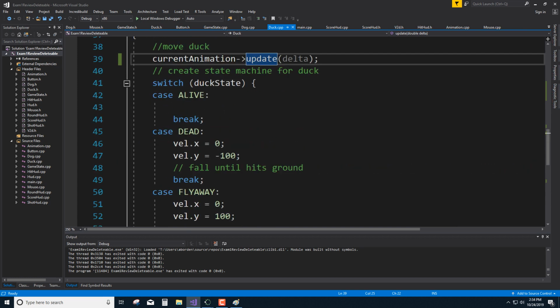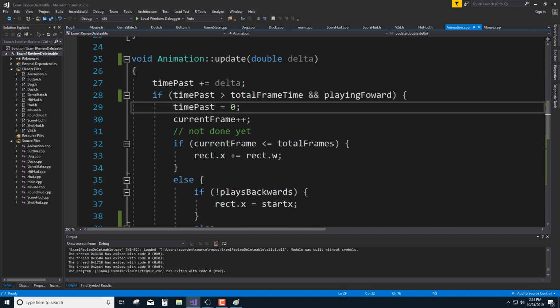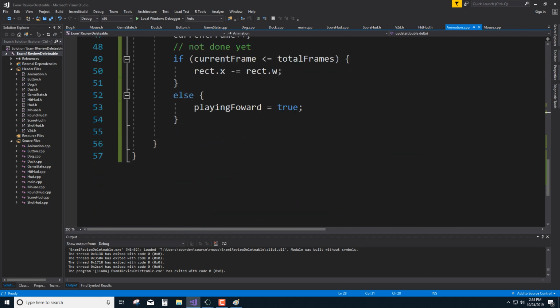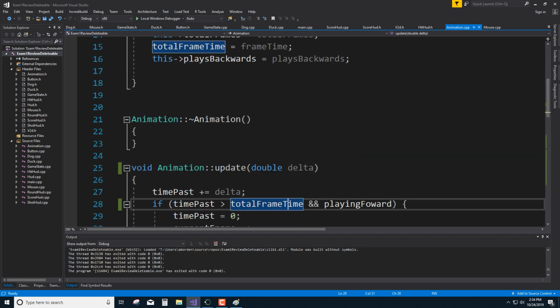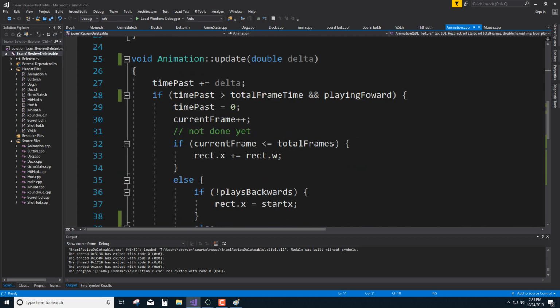The animation should update. So we know it got the texture because it did draw the duck there.